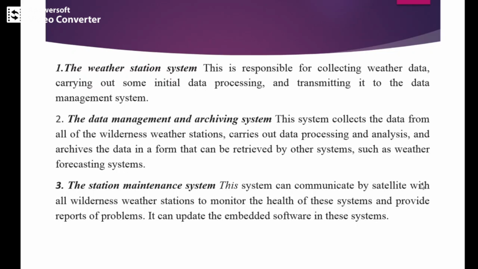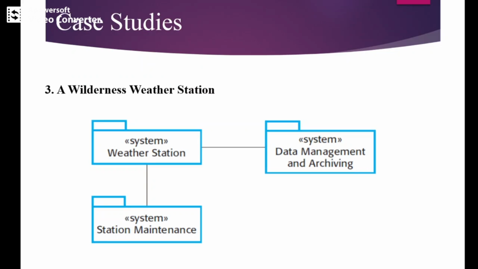Why? To keep track of the health of these stations. If there are any problems, it needs to report them. It can also update the embedded software in these systems. Clear? So these are the three key systems I can tell in a wilderness weather station.